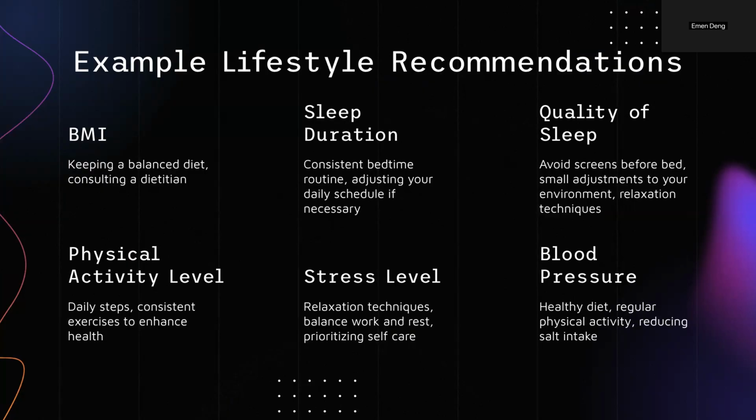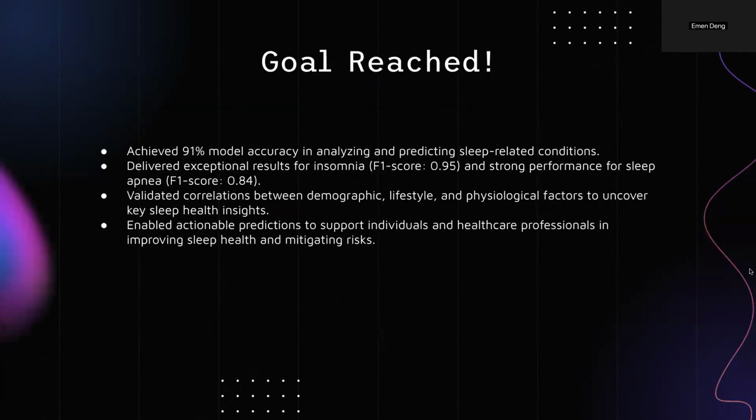Overall, we achieved our goal to build a machine learning model that can accurately analyze and predict sleep-related conditions. Our model had an overall accuracy of 91%, with an exceptional result for insomnia with an F1 score of 0.95 and a 0.84 F1 score for sleep apnea.